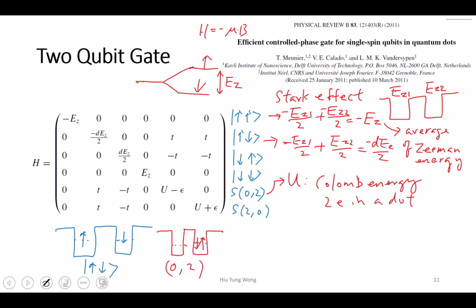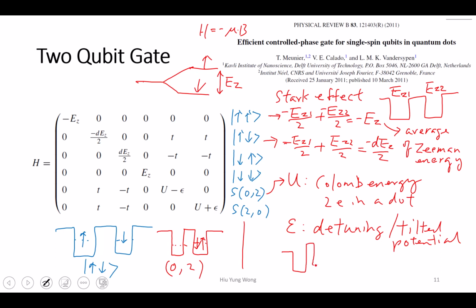But we also have this epsilon, which we mentioned earlier, called detuning or the tuning potential. So what is that? It is what I said earlier, right? You might have a tilt.